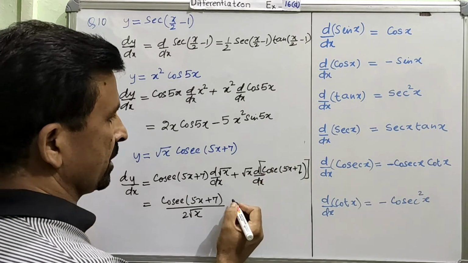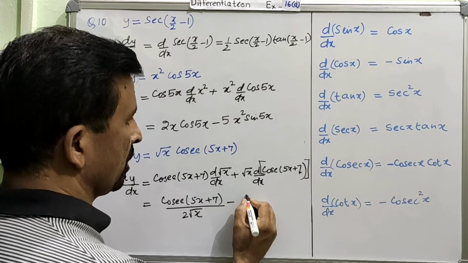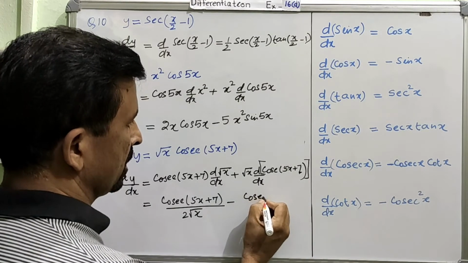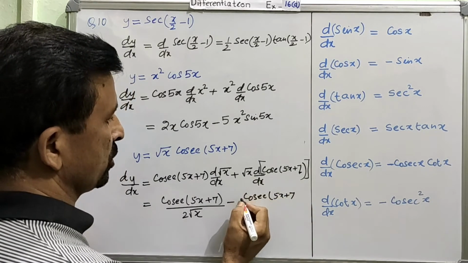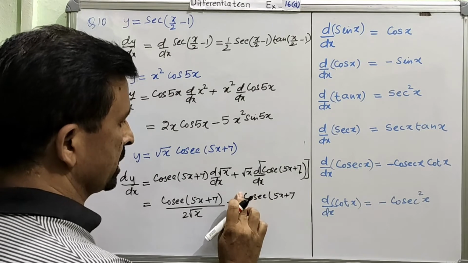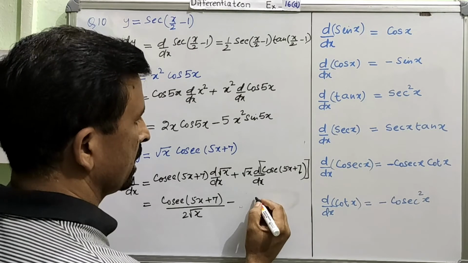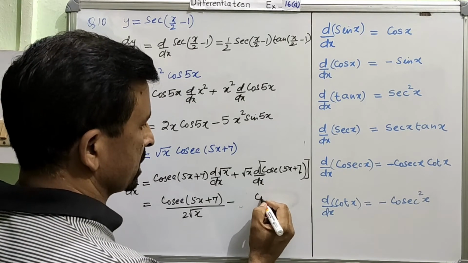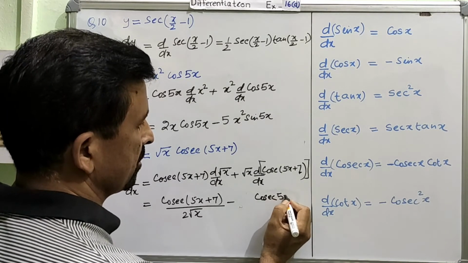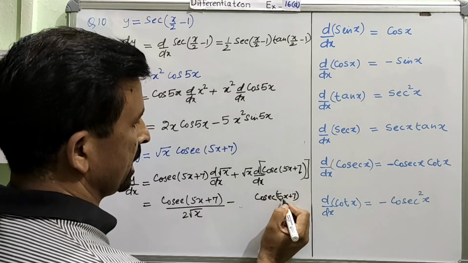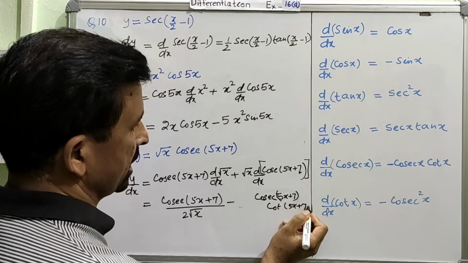Now this one, the derivative of this will be negative cosec 5x plus 7 into cot 5x plus 7.